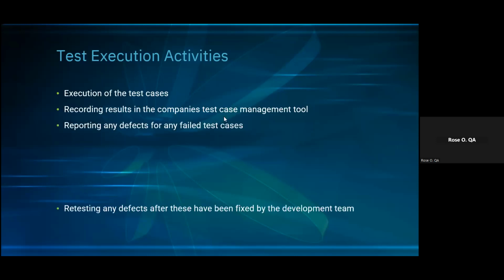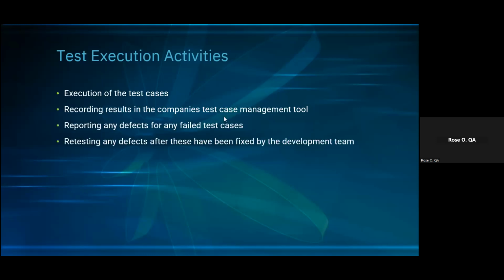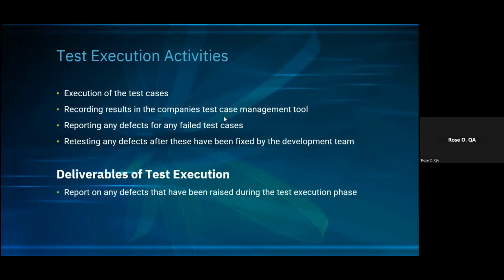So then the next thing, retesting any defects after these have been fixed by the development team. Now, what are the deliverables of test execution? Report of any defects that have been raised during the test execution phase. It has to be part of your TCR, that's the test closure report. It must be. You must include an overall summary of test case results.